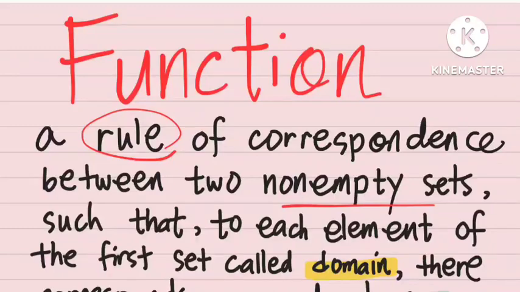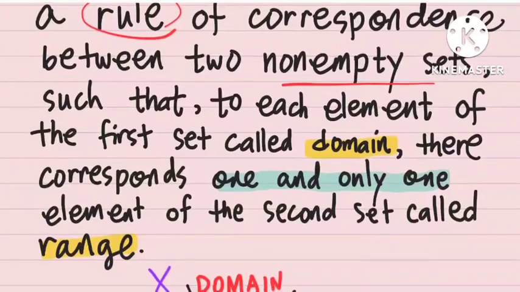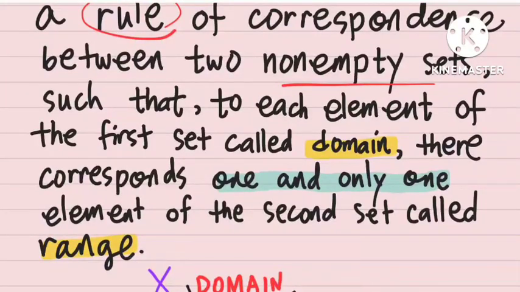And we call the first set the domain, while we call the second set the range. It's important to remember that for every element in the domain, in our first set, it should correspond to one and only one element in the second set.